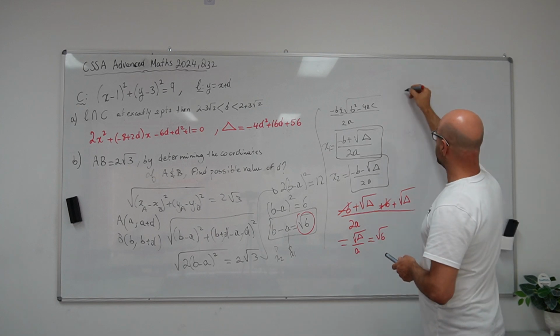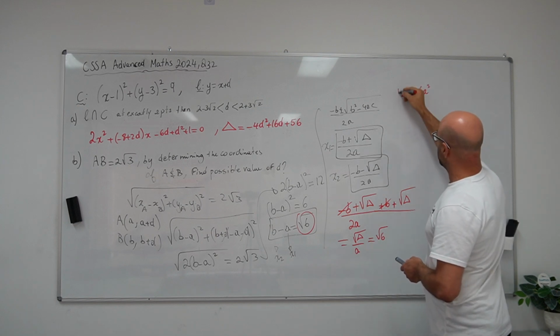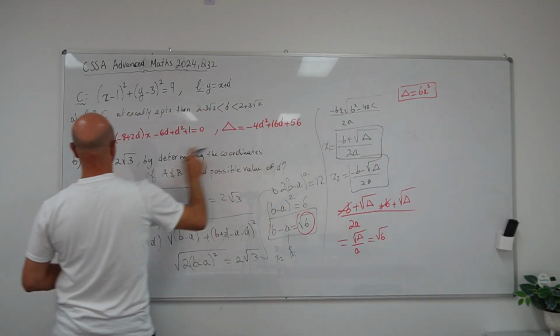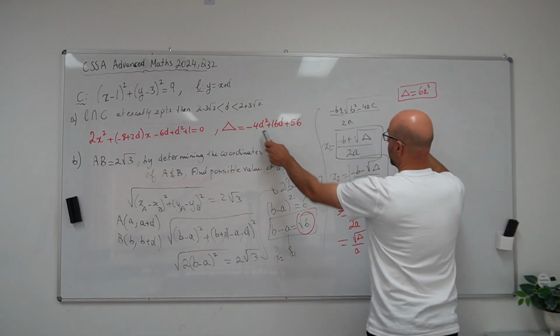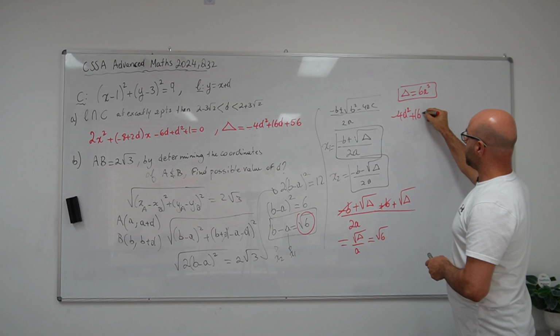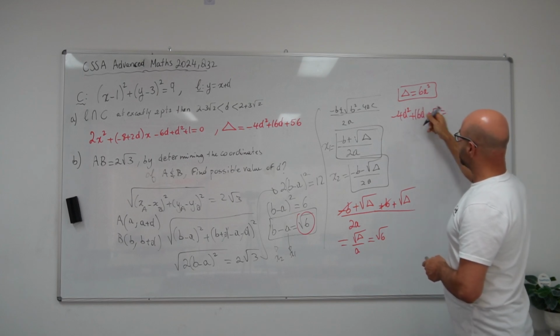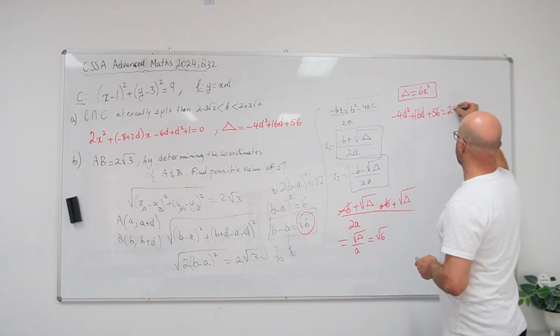I'm going to quickly solve it here. If we square both sides, we get discriminant equals 6a squared, and it becomes straightforward from here. That's the discriminant, and a equals 2. So what we get is minus 4d squared plus 16d plus 56 equals 6 times 2 to the power of 2, which is 4, which gives me 24.